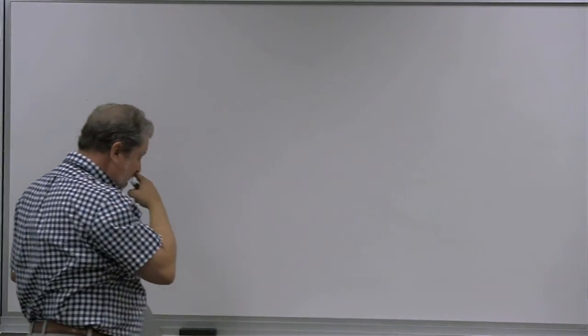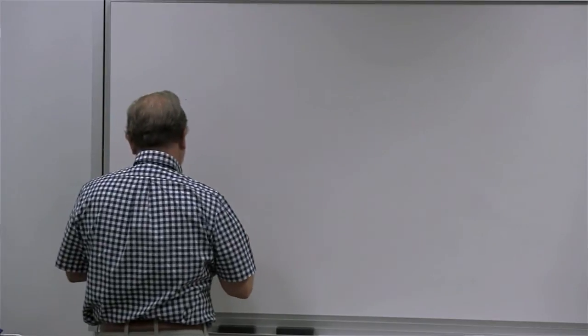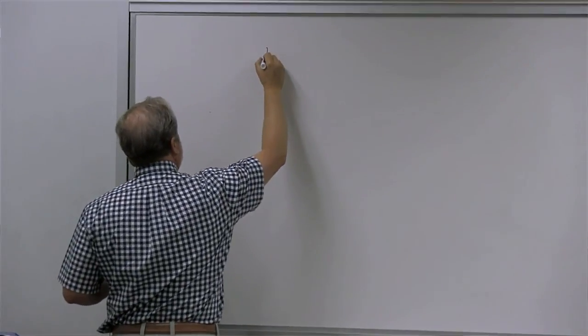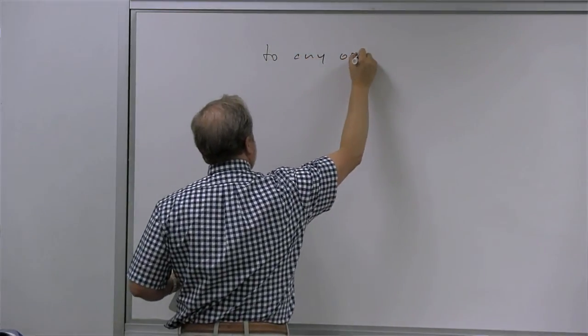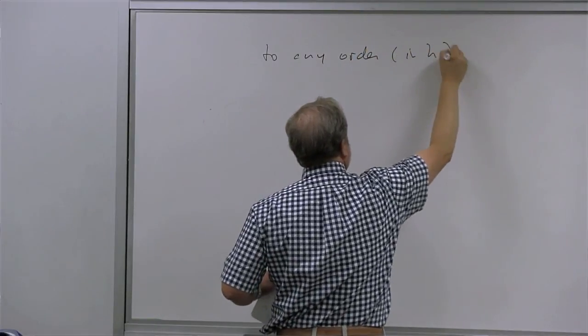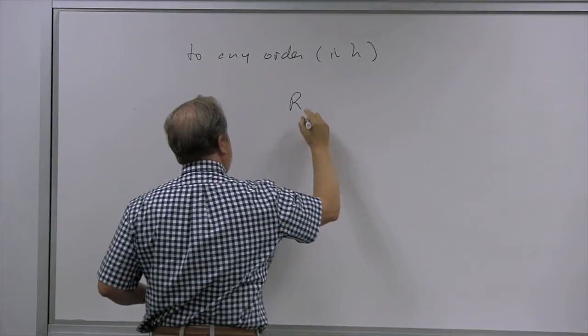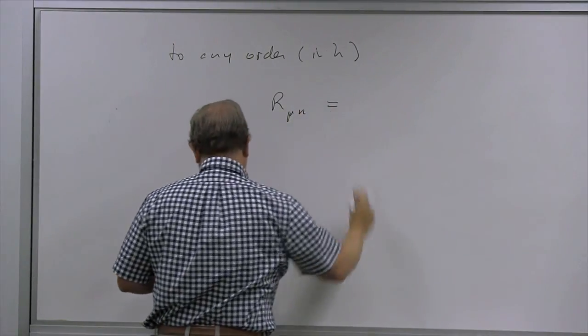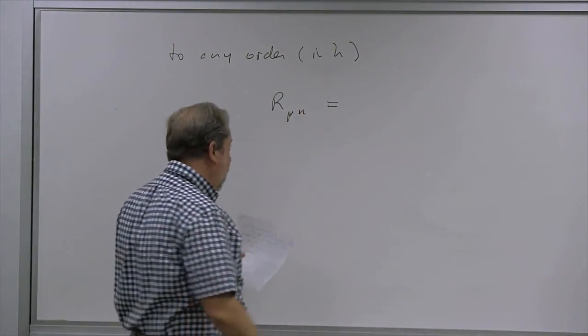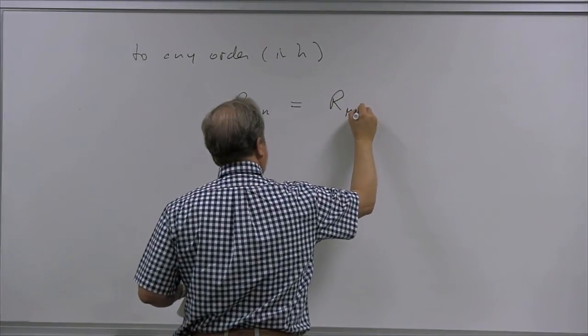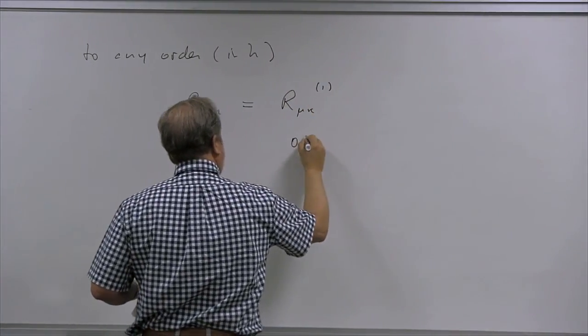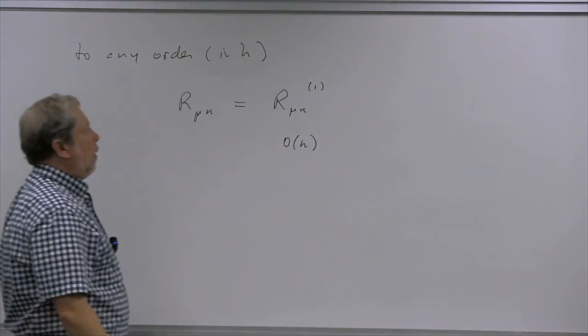So first of all, we can do this expansion to any order, right? So we can write to any order in H, right? We can write R mu k as R mu k 1, which is of order H, right?